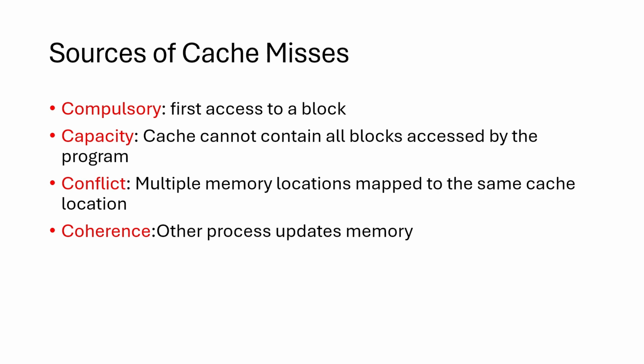But just like many techniques we teach, we cannot have all the good characteristics together. So if we use large blocks, it will reduce the compulsory miss, but it will increase the miss penalty. And large blocks will increase the conflict miss. Associativity reduces the conflict miss, but it will also increase the access time.